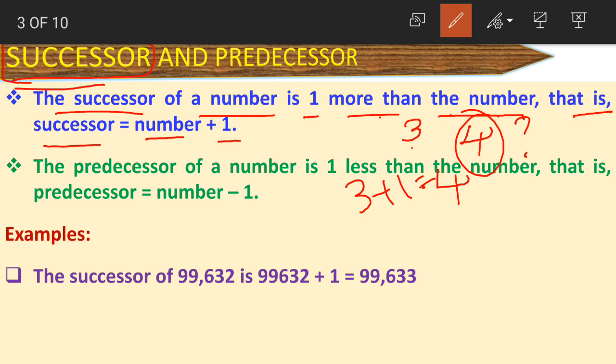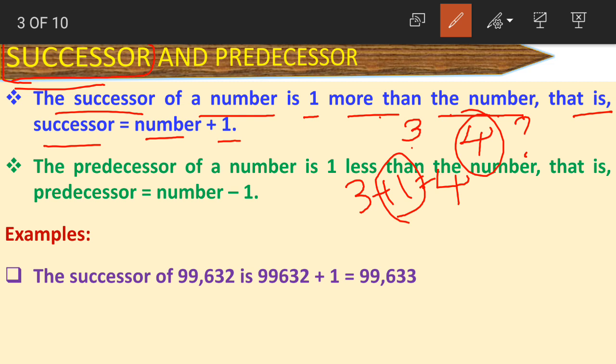As success comes after doing a work, successor is the number which comes after a given number. And we find out that number by adding 1. Right, children? Even in the class, even in the exam, you get confused whether I should add 1 or subtract 1 to get the successor.